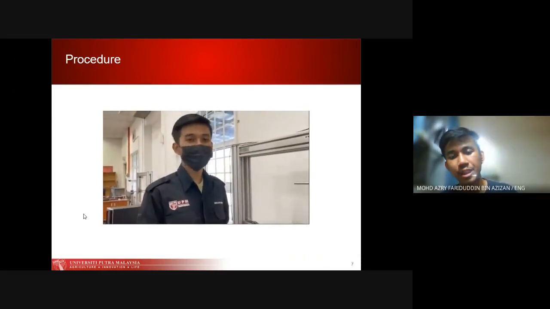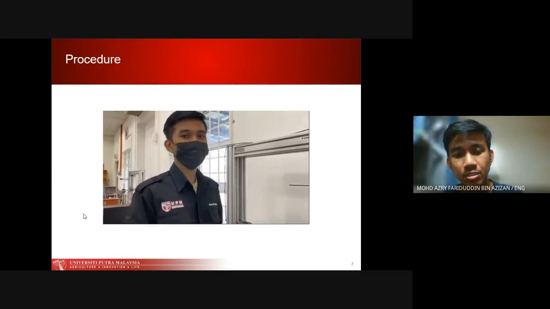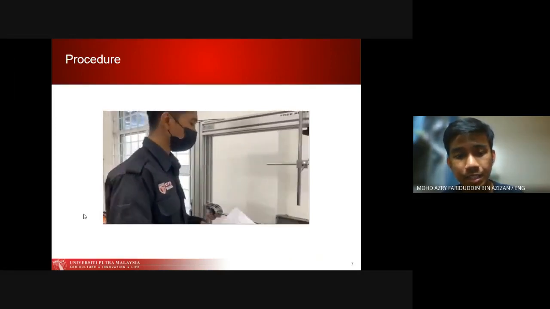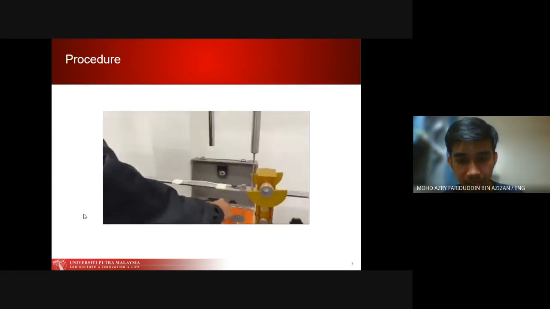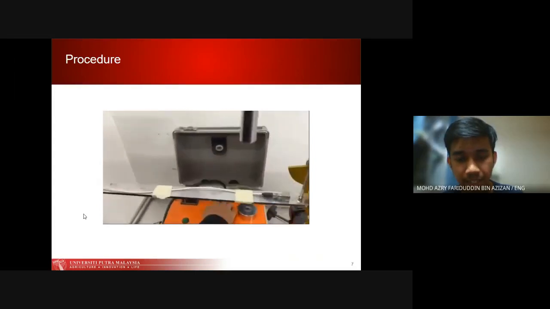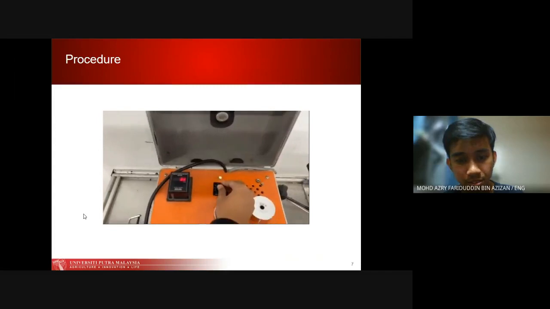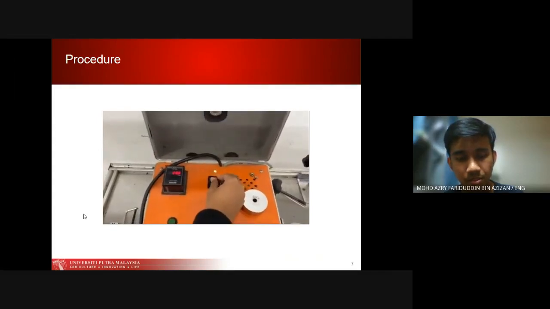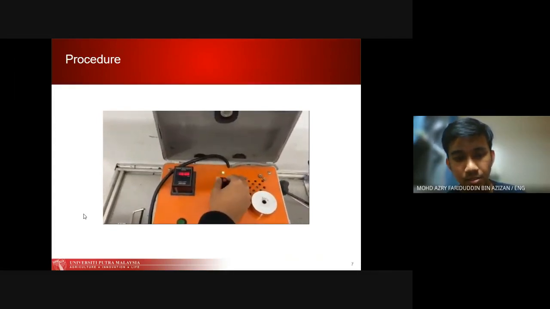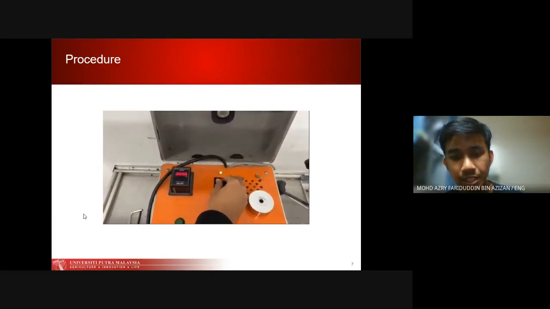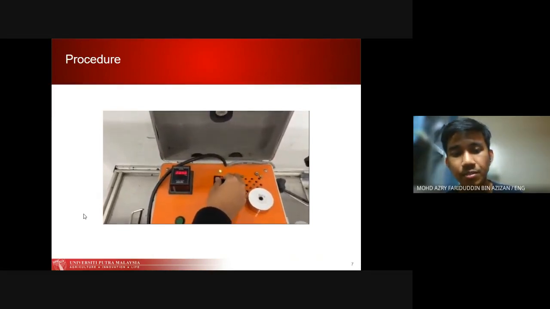We have three speeds, which are 280, 380, and 480. So we start with 280, and then we turn on the speed control until we achieve 280 rotations per minute or RPM.